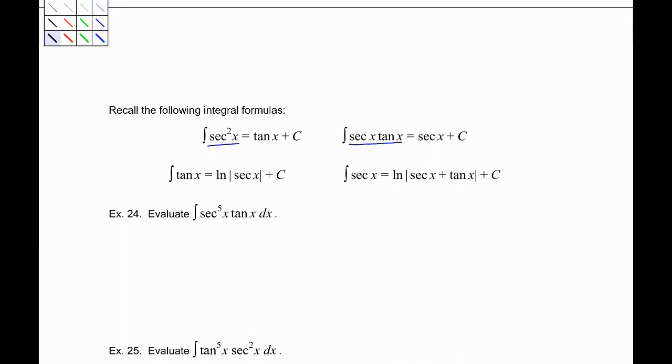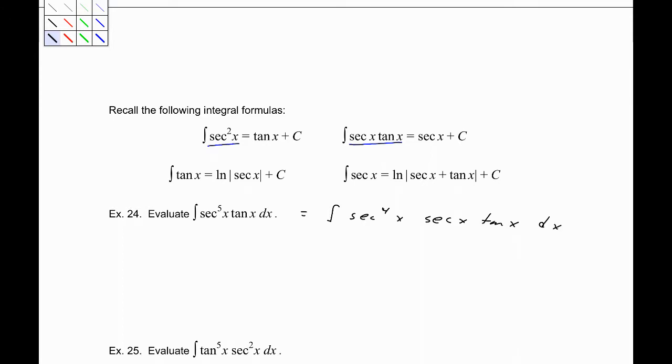Looking at number 24, because we have a tangent there and an odd number of secants, my first thought is going to be to make this equal to the integral of secant to the fourth x, secant x, tangent x.